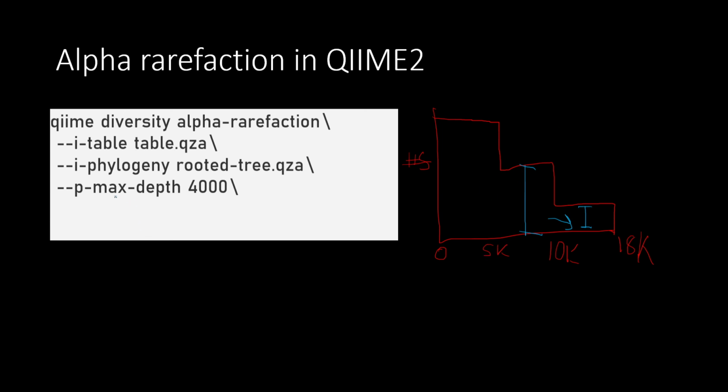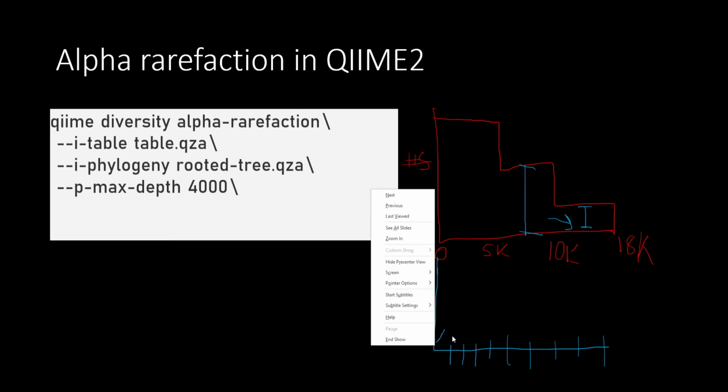And to do that, you can more or less take a random subset of this data set and have the program pick different values. So you could pick from close to 0, close to 4, 5, and for all of those, plot the alpha diversity and see how that changes.